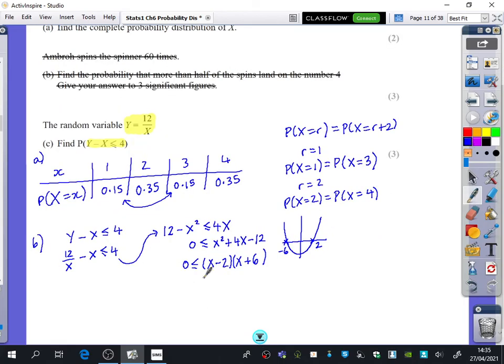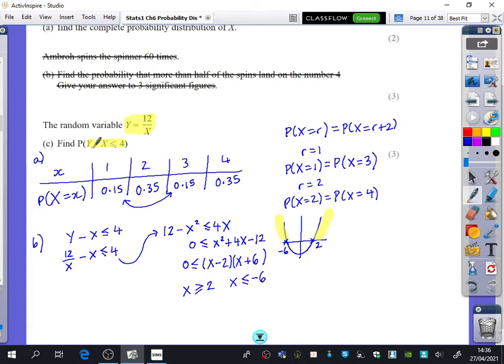What should the quadratic solution be for this inequality? We're looking for when it's greater than 0, so we're looking at this section here and this section here. You mean 6 and minus 2? No, when you solve this, the place where it crosses is at 2 and minus 6. So good. Either x is greater than or equal to 2, or x is less than or equal to minus 6.